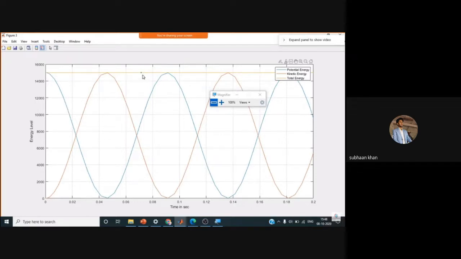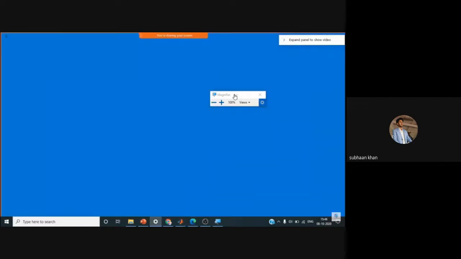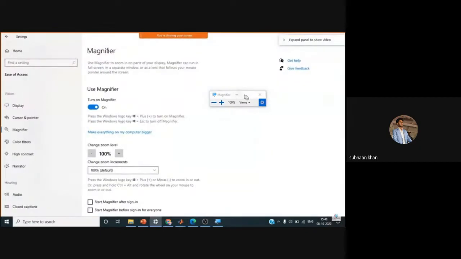That is how these equations are formulated. MATLAB is a very nice mathematical tool that can be used for mathematical simulations.